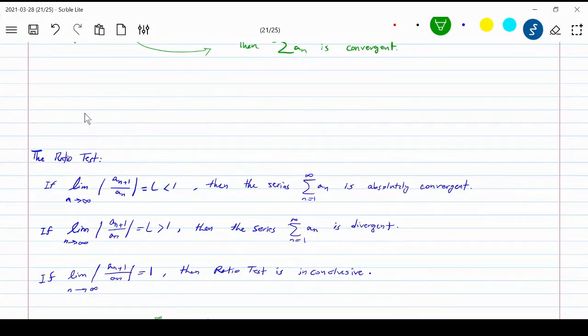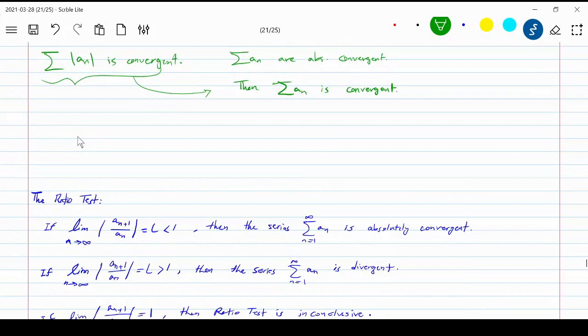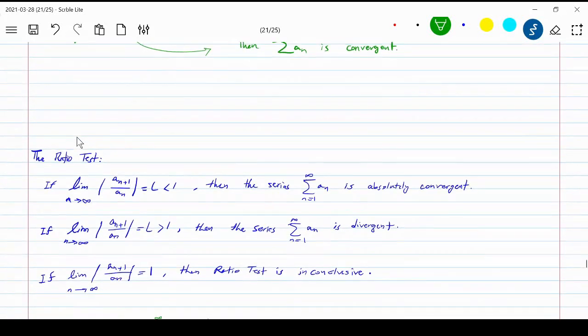Okay, here's some test that gives us some idea about the absolute value, for this absolute convergency or not. So here, the ratio test, one of the important tests that we use for absolute convergency. This is all for the summation of an as n goes from 1 to infinity.